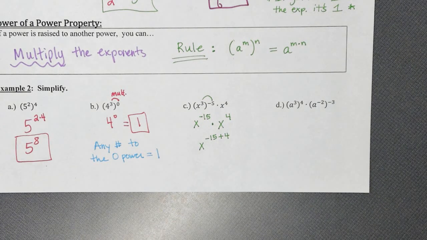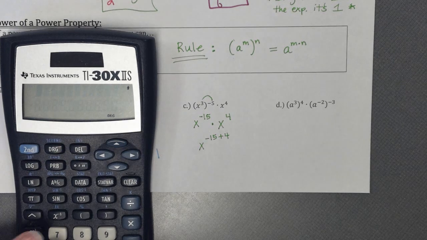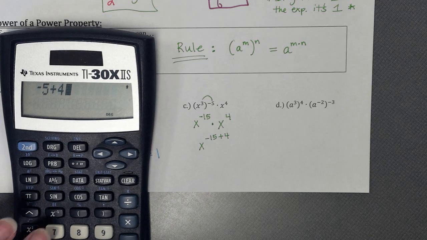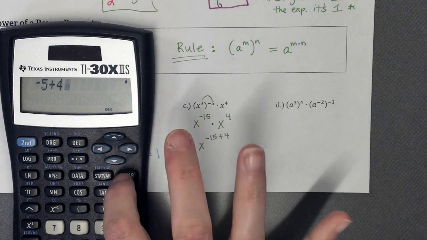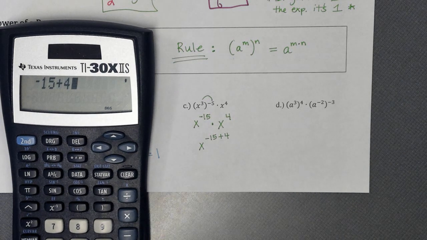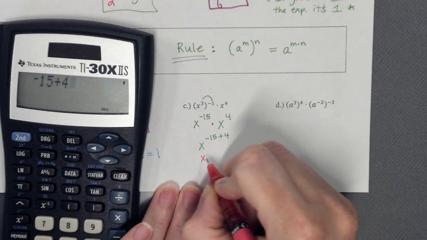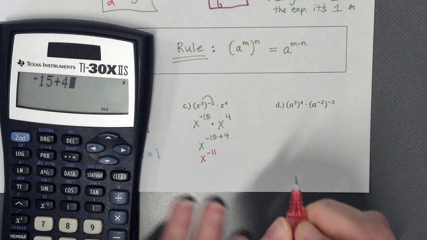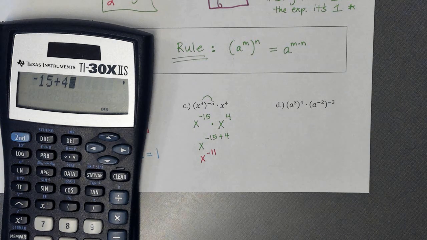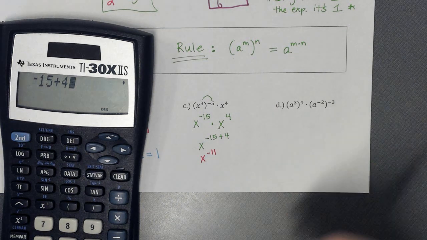let's do that on our calculator. That's likely what you'll be doing, right? Negative 15 plus 4. Whoopsies. What do you get? Yep, good. So you are going to get a negative. Now, one of the first rules we talked about is when you're simplifying, you don't want a negative exponent.